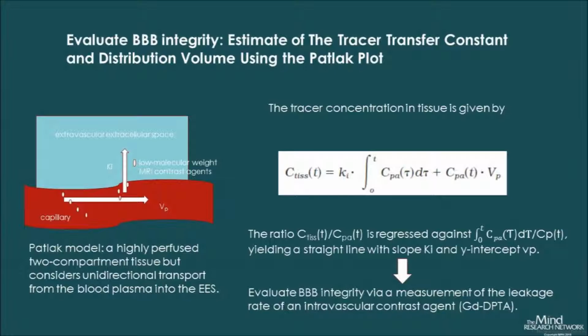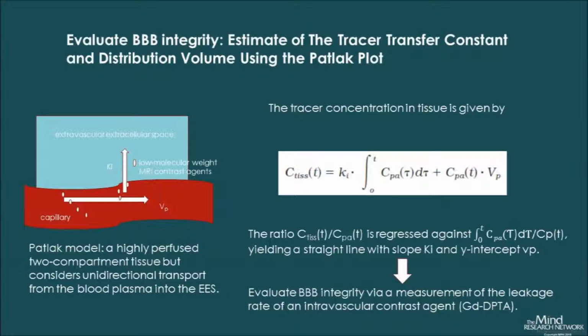According to this equation, the ratio of the concentration in the tissue to the concentration in the plasma is regressed against the integral of plasma concentration over current plasma concentration.